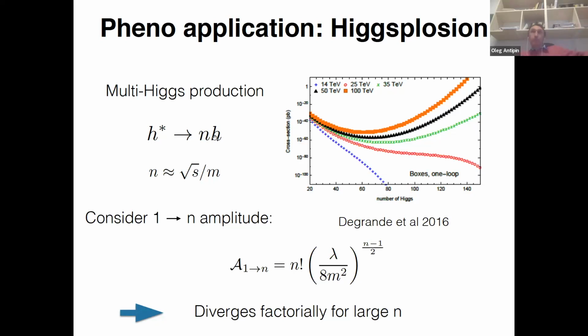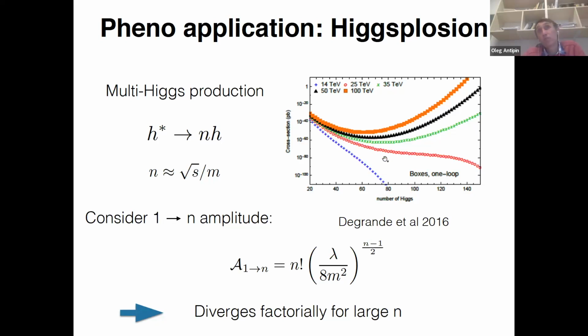And for this process, it turns out that you can consider the 1 to n amplitude, and at tree level you can compute this amplitude completely. Also beyond tree level, but just to show you that the amplitude for the 1 to n process is given by this expression. You see, it's an amplitude. It's not the conformal data I talked about before. It's not the anomalous dimension of anything. It's just the amplitude to produce n particles from one particle.